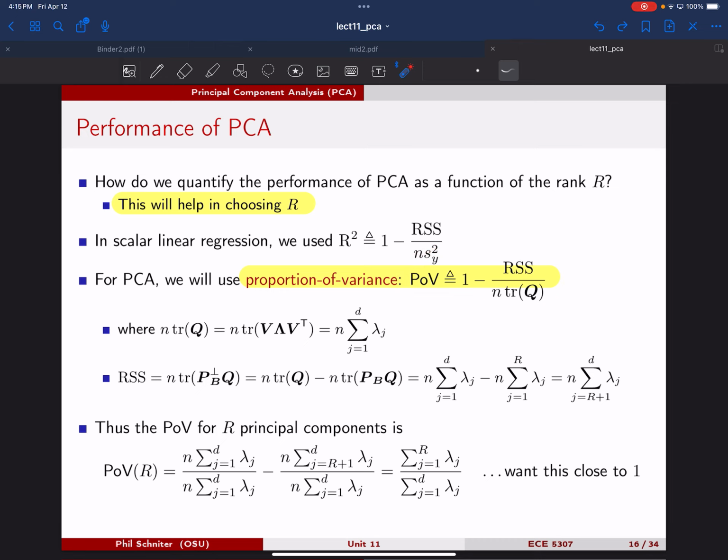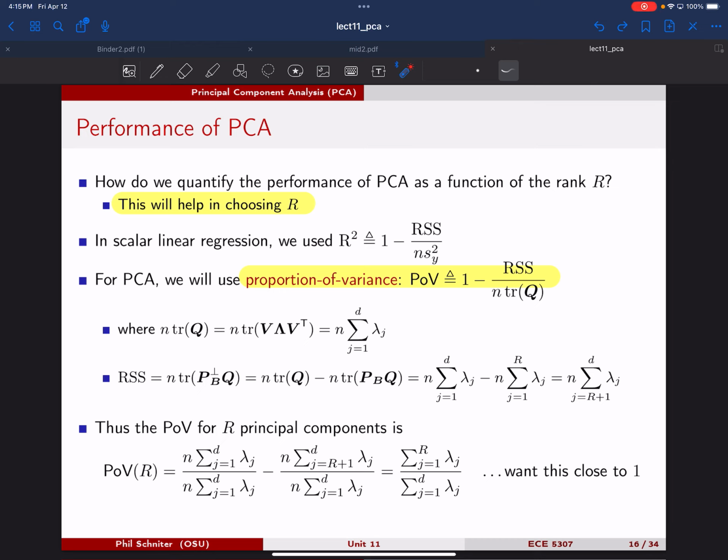In this case, essentially what you find is that this is the ratio of the sum of the eigenvalues that we use for our approximation over the sum of all the eigenvalues. So as R gets closer and closer to D, this ratio gets closer to 1. We want to choose R such that this is close enough to 1 so that we feel like we have a pretty decent approximation. So we'll show an example of that later today.